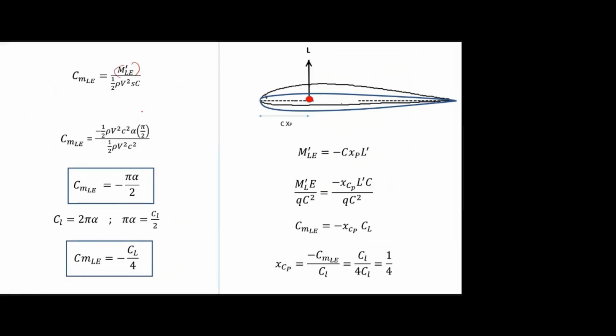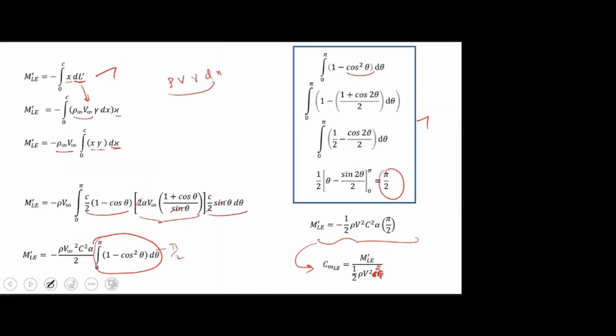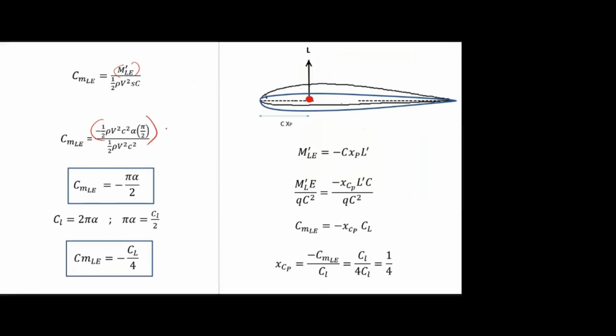Okay, so instead of M'_LE, substitute this equation, and at the bottom it is half rho V square c square. Simplify, we get the moment about the leading edge. The coefficient of moment about the leading edge is pi alpha by 2.